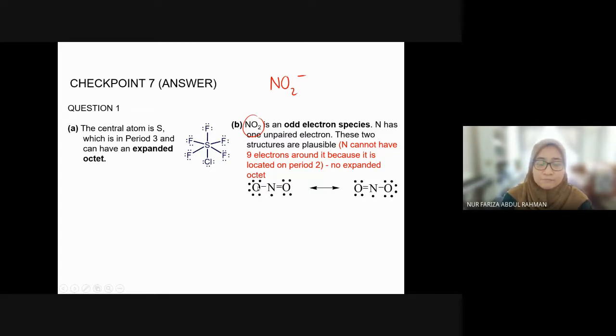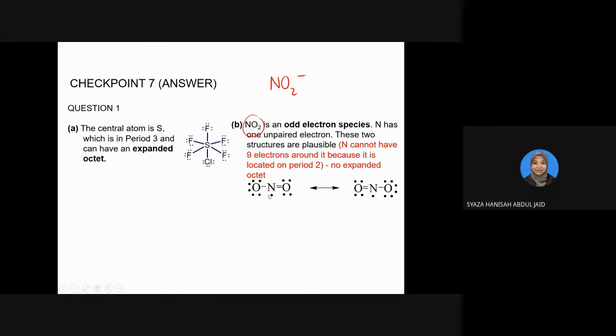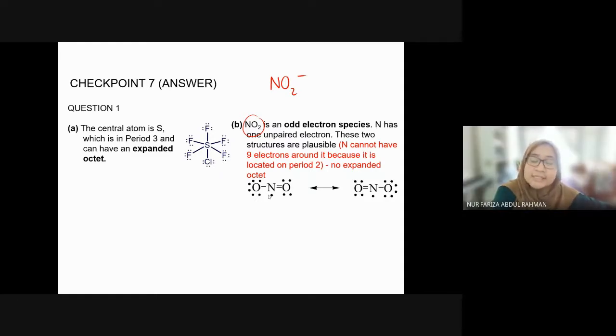But is it possible to form double bond, triple bond dengan oxygen dekat sini for nitrogen, between the nitrogen and the terminal atoms? Sebab dia period 2. Nitrogen comes from period 2.